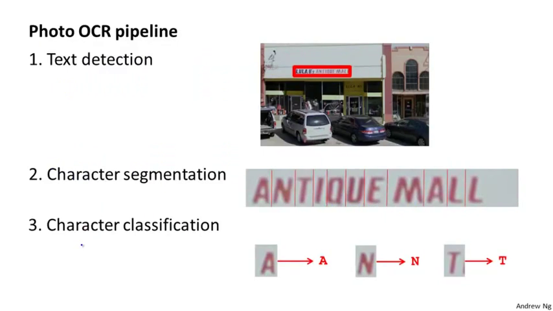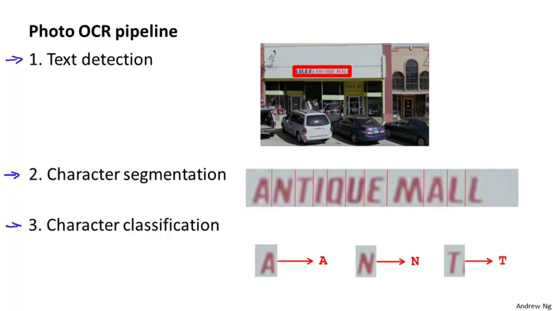So here's the overall photo OCR pipeline again. In this video, we talked about the text detection step, where we use sliding windows to detect the text, and we also use one-dimensional sliding windows to do character segmentation, to segment out this text image into individual characters.